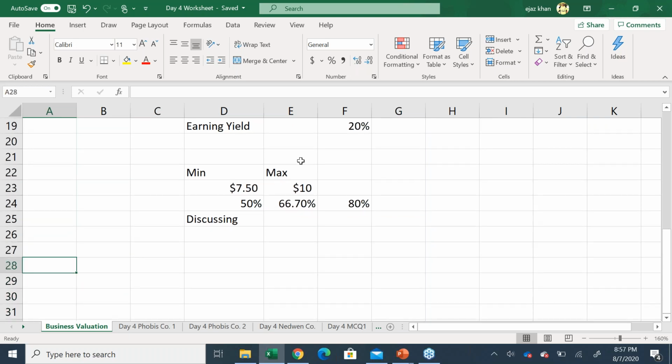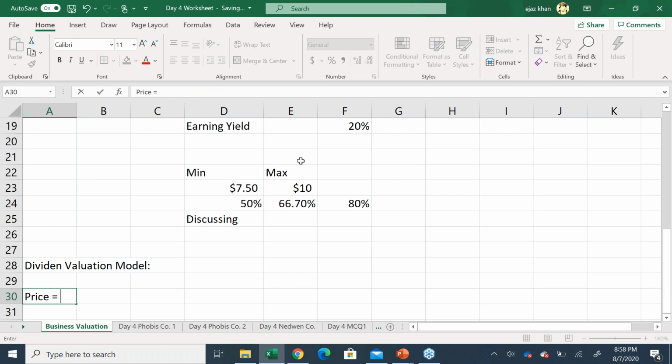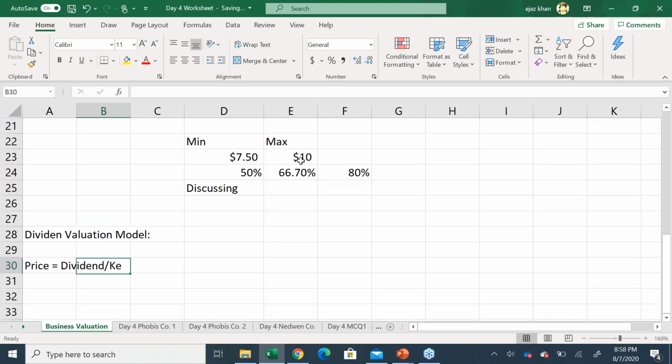So the formula for the dividend valuation model is: price equals dividend divided by cost of equity, K. Now, why have they divided by cost of equity?